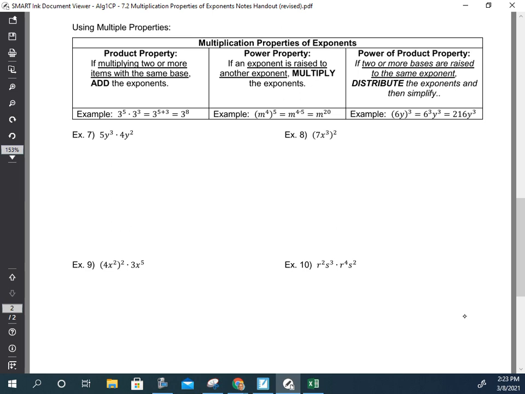For A, B, and C level work, you've got to know how to do a little bit more and put a little meat on the bone. So example 7. Let's kick things off with example 7. The properties are written at the top, just in case you needed to rewrite them. Let's look at example 7.